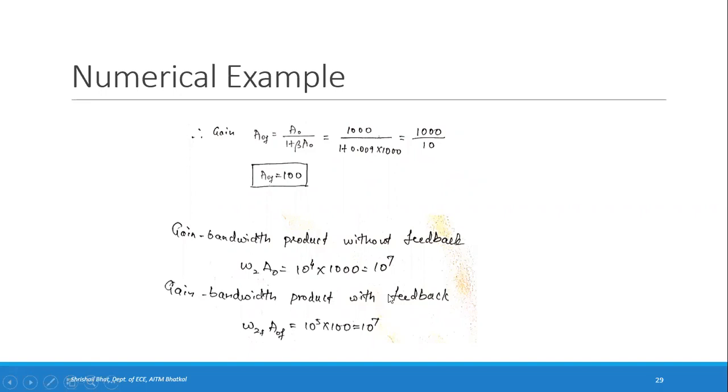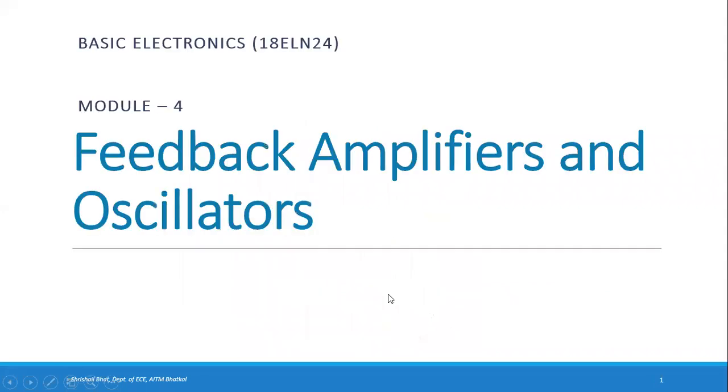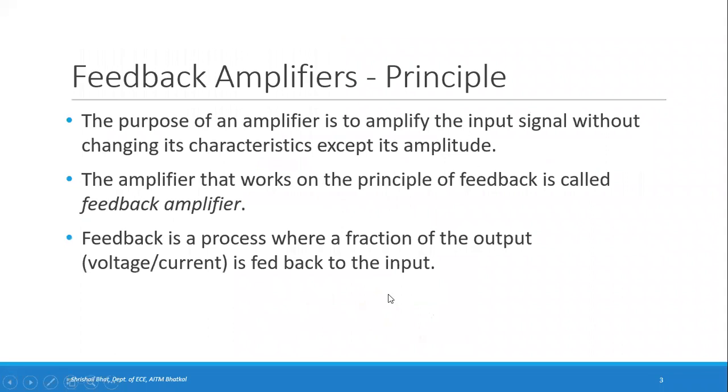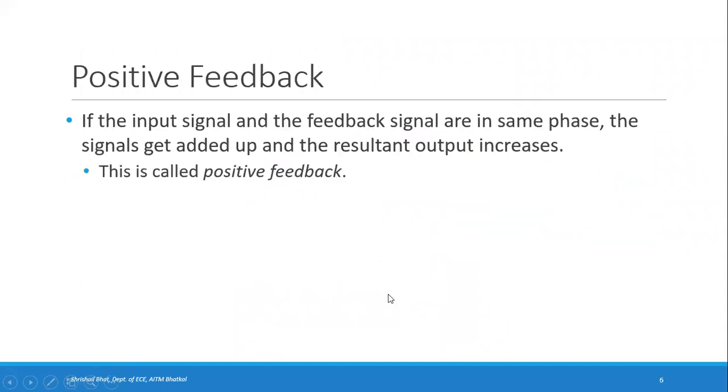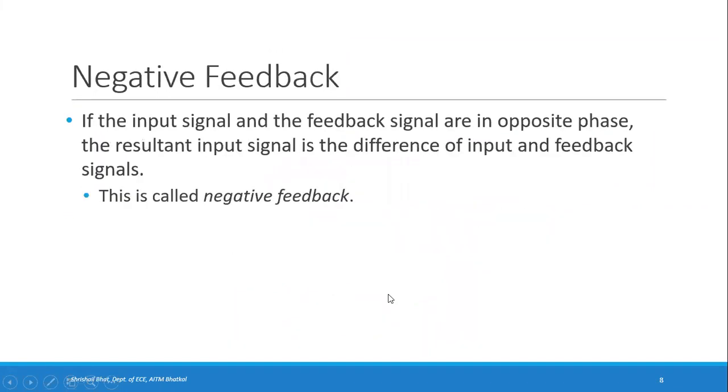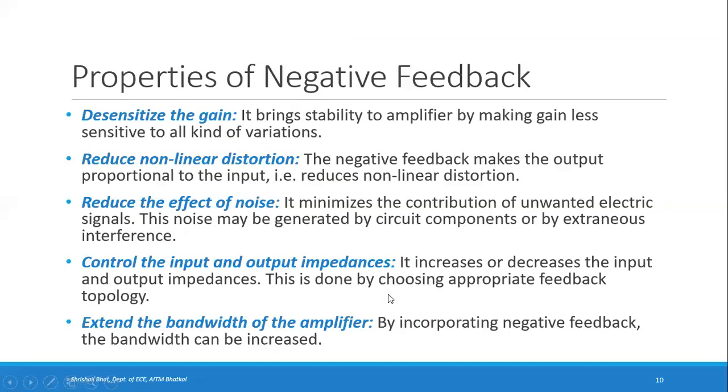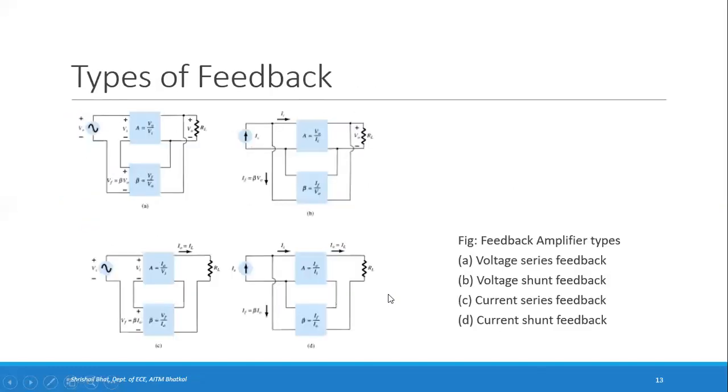Okay, so that's all for today. We'll just revise what we have seen in case of feedback amplifiers. So we have seen the principle of feedback amplifiers, right? Then the types, positive and negative feedback and where they are used, properties and advantages of negative feedback, types of feedback, along with the equations for A, beta, and AF.